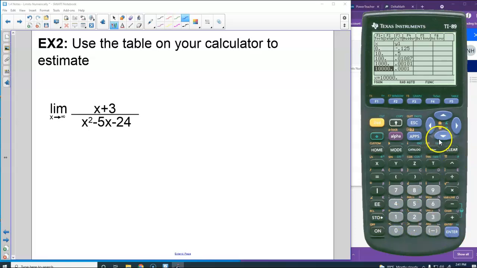What does it look like is happening here? That E with the negative means you're moving that decimal 6 places to the left, so we're getting really close to 0 here. So it appears that as our x's approach infinity, our y coordinate approaches 0. So our guess for this would be 0. Our educated guess.